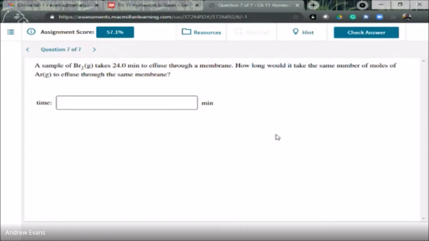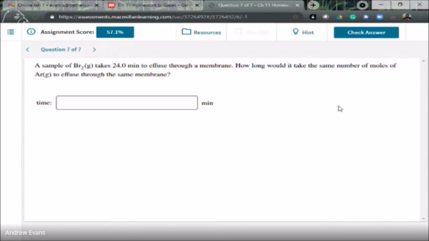So the rate of argon versus the rate of bromine equals this equation. When we're looking at rate of diffusion, the ratio of the two rates is equal to the square root of the ratio of the molar masses, the molar mass of bromine over the molar mass of argon.